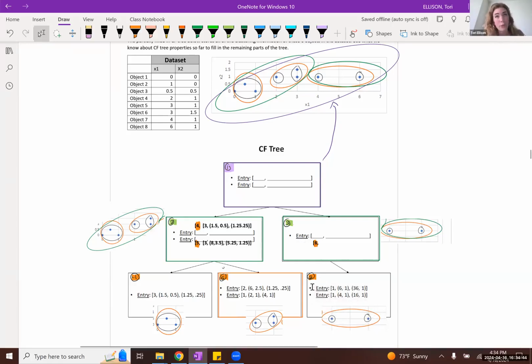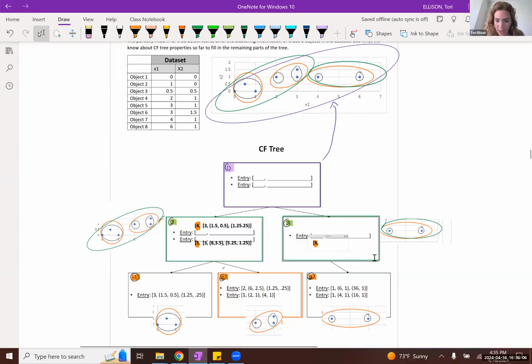So again, to quickly calculate the clustering feature of the cluster that corresponds to what we would get if we were to merge these two subclusters together, all we need to do is simply just add the two corresponding clustering features of those subclusters.